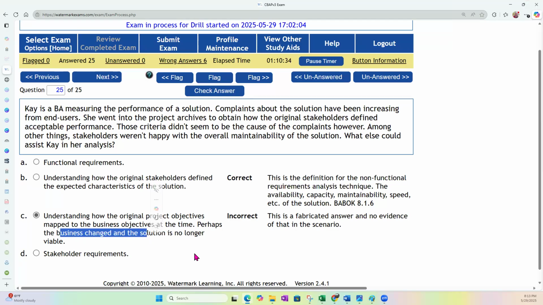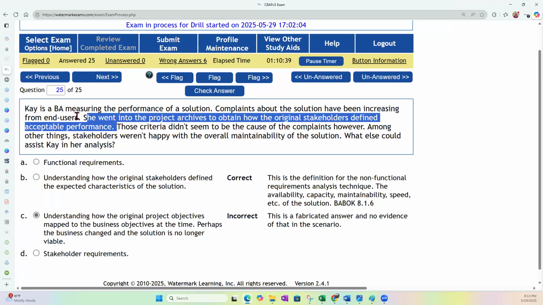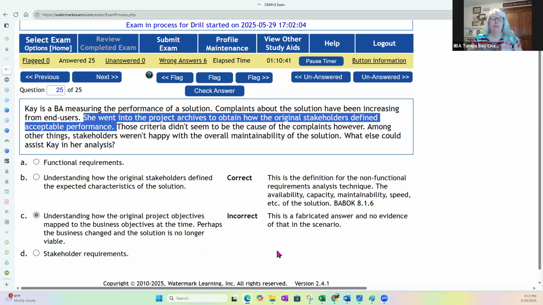My question is, in the question, it seems that she already did B. Yeah. But one of the things that the BABOK talks about with non-functional requirements is they're hard to define, and it's real easy to miss something. You have to pretty much think about what the future is going to be whenever you're doing non-functional requirements. Functional requirements are what a solution does.